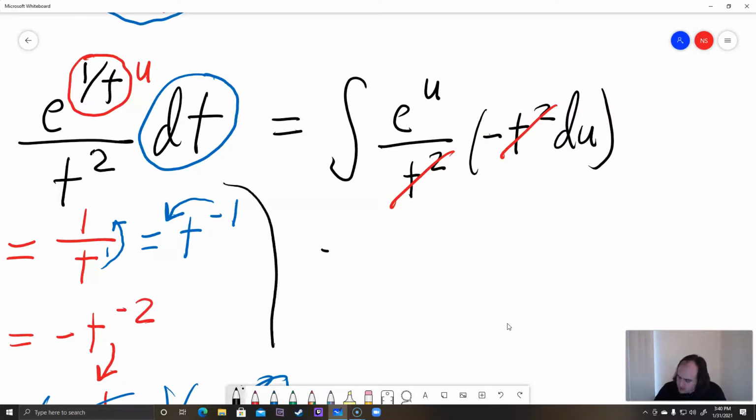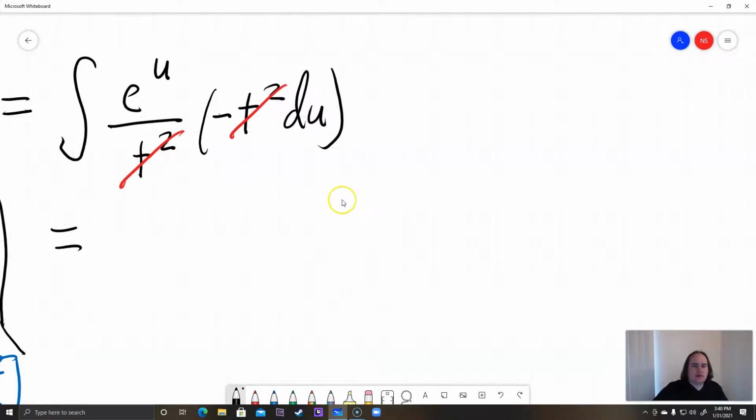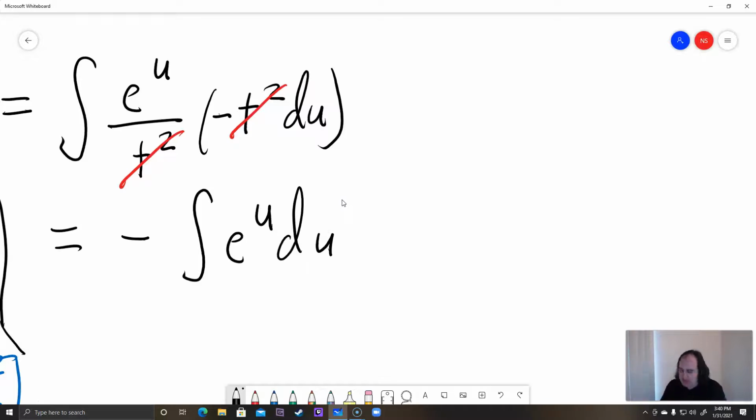So we've actually just got negative of the integral of e to the u du. And of course, once again, the integral of e to the u du is just e to the u. So we're going to have negative e to the u. And then because this was an indefinite integral, we write plus c at the end.